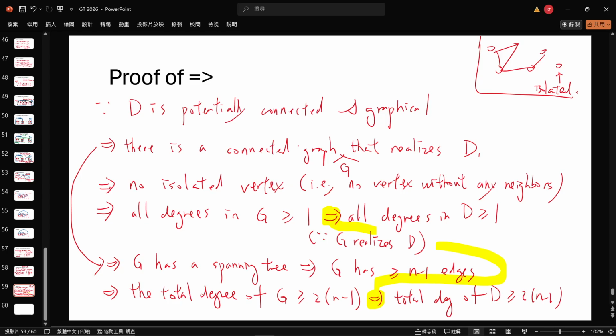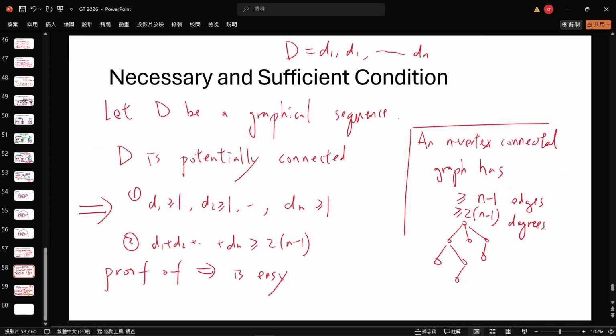Let's take a break, and then we will consider the other direction. I think the other direction is more interesting.